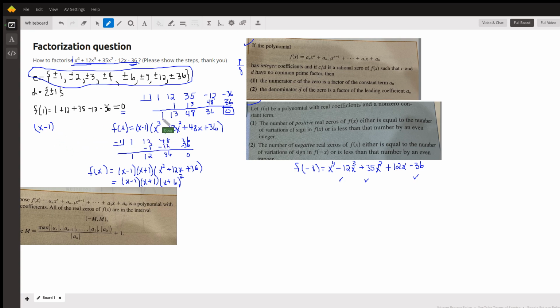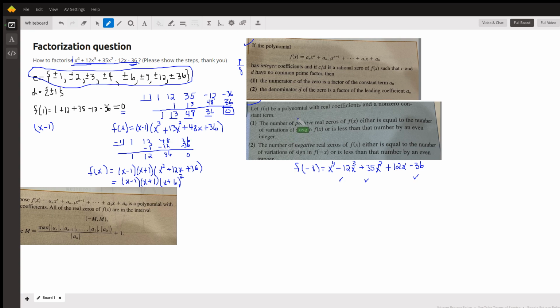So that means these numbers are the coefficients of the quotient. So at this point, f of x equals x minus 1 times x cubed plus 13x squared plus 48x plus 36.